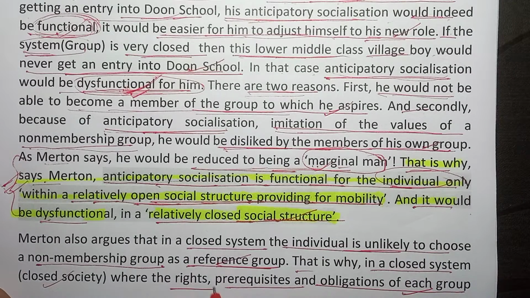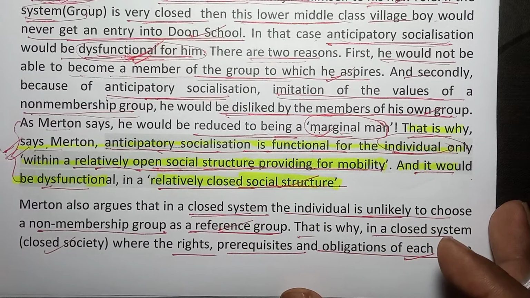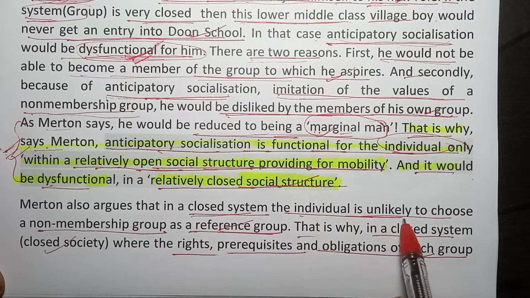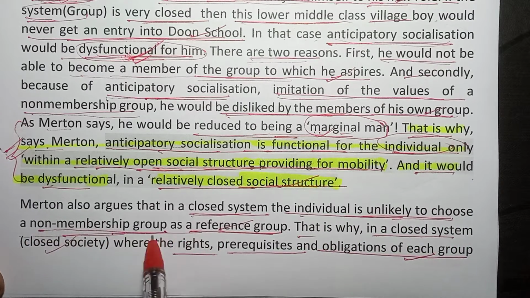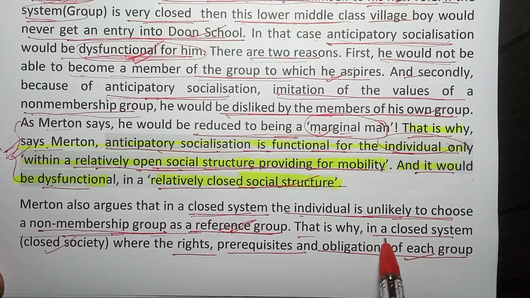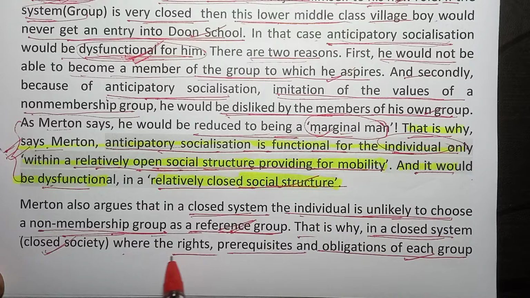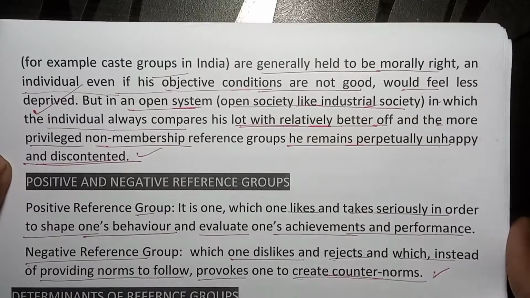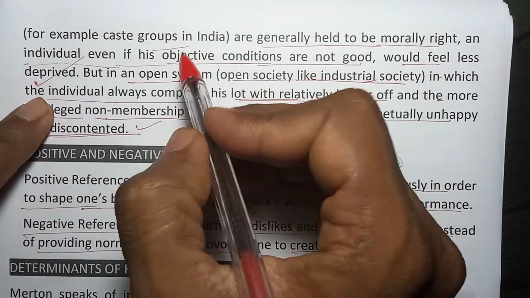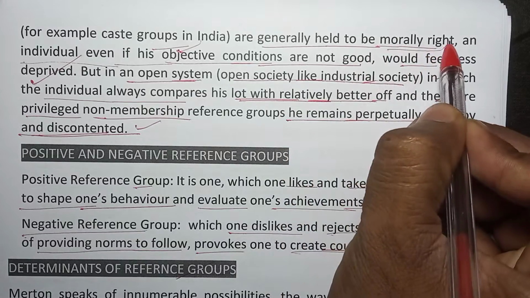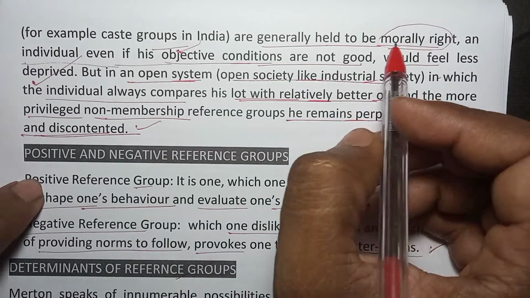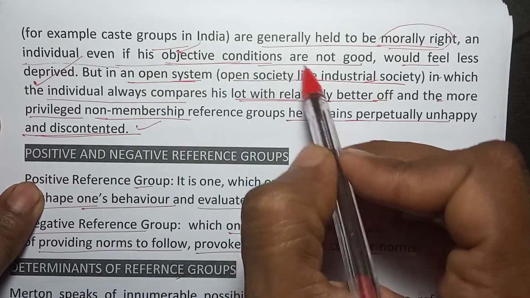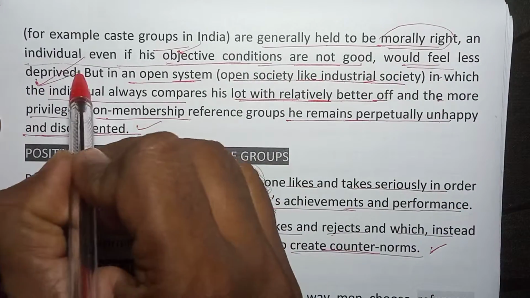Now, Merton also argued that in a closed system, the individual is unlikely to choose a non-membership group as a reference group. That is why in a closed system, a closed society, where the rights, prerequisites and obligations of each group, for example, caste group in India, are generally held to be morally right, an individual, even if his objective conditions are not good, would feel less deprived.